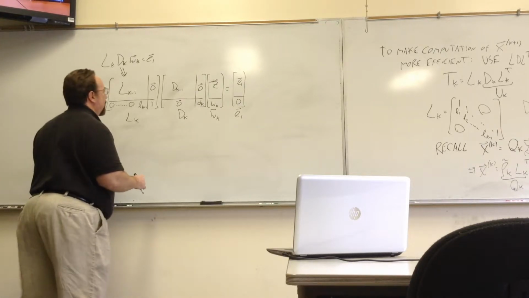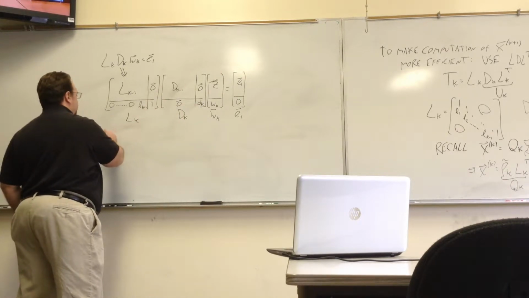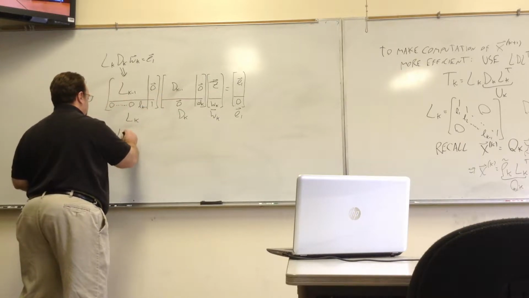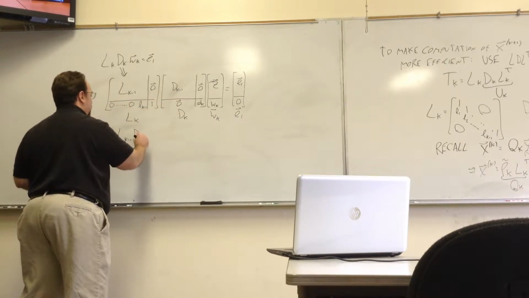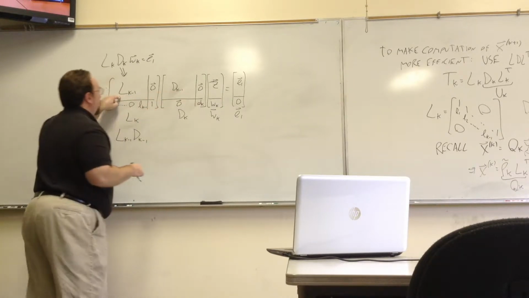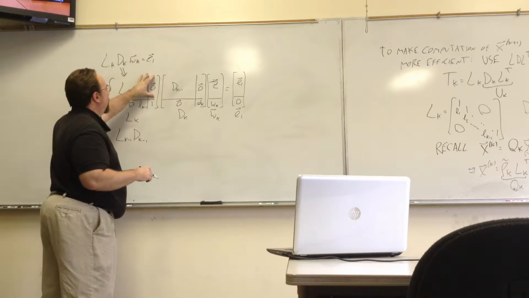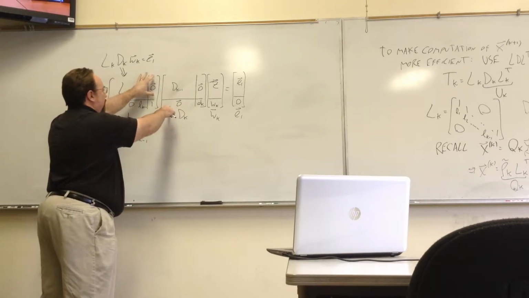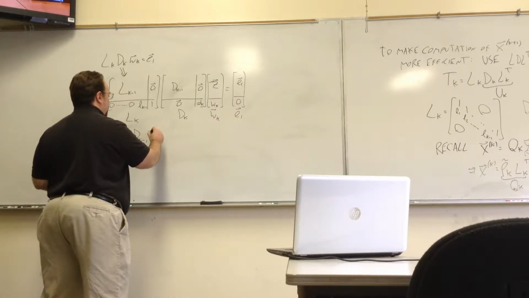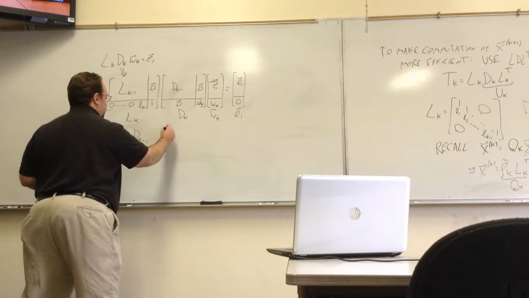So now what I'll do is I'll multiply all this out and see what I get. So I have LK minus 1, DK minus 1. So multiplying these out, plus 0 times 0, so I get nothing there. Actually, I'll carry out the matrices first.